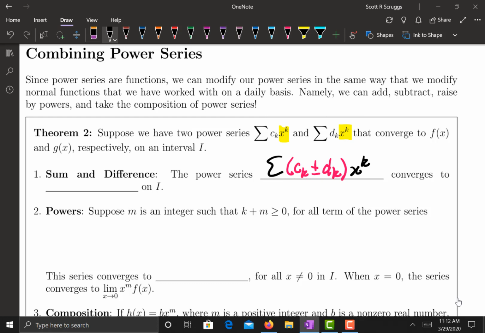That's just to denote that I factored out x to the k already. And what the first property is saying is, if I have two power series, and if I add or subtract them, they're going to converge to my function f of x plus or minus g of x.